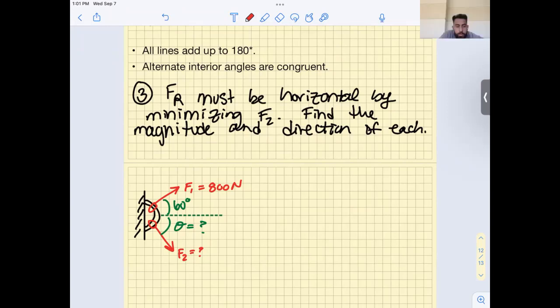Can we start by making the y and x axis and drawing F1 in it? Very good. And then connect F2. Yeah. Good. So you've got F1 is 800 newtons.